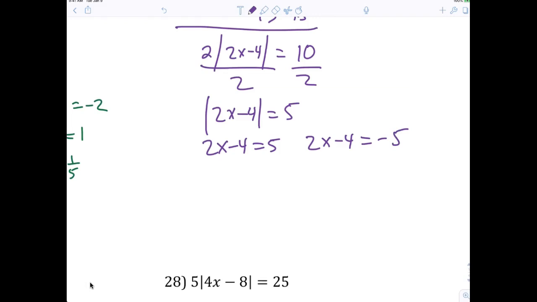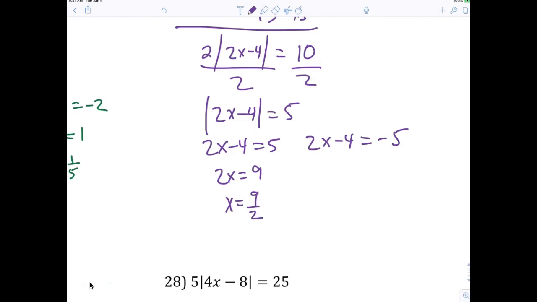Very good. Now what? And then you add 4. Good. 2x equals 9. So, x equals what? x equals 9 over 2. Well, that's half the problem, Chloe.